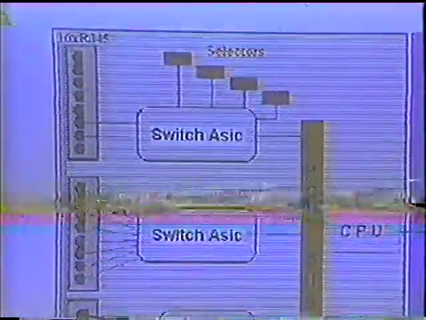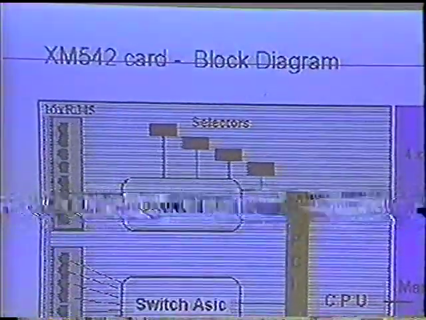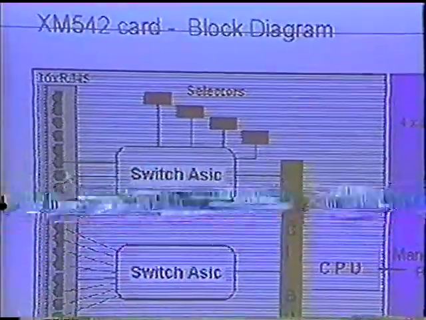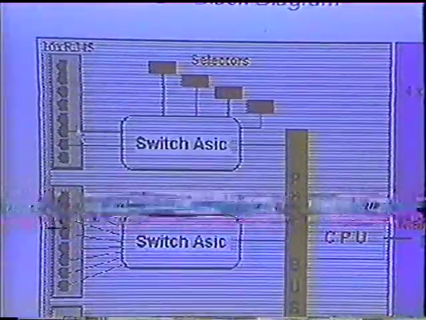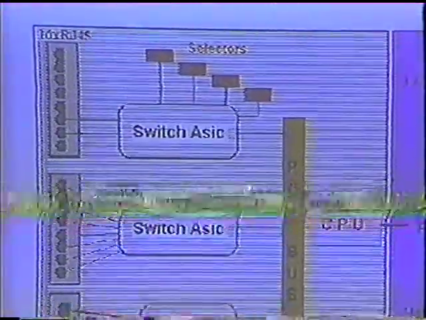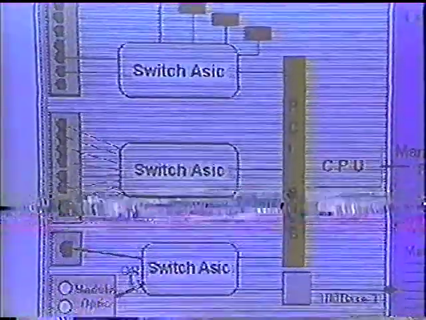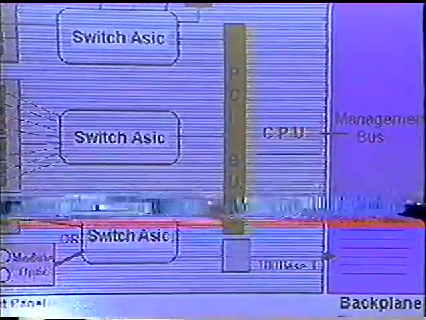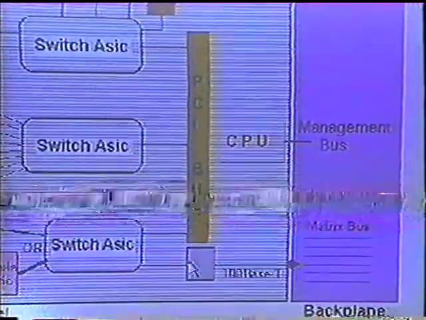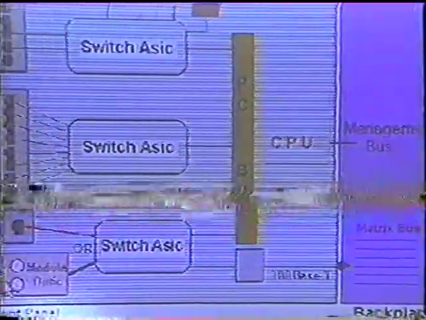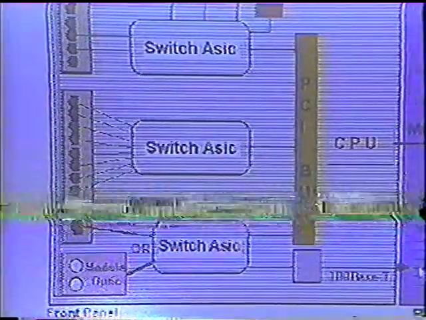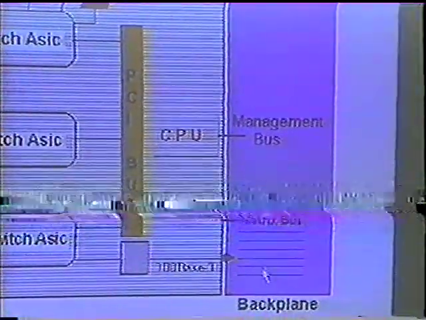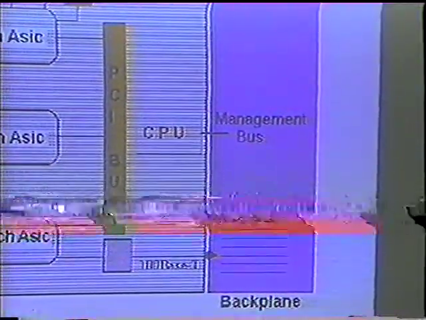Here is a block diagram of the switch. There is an ASIC per group of 8 10 base T ports, and one ASIC for the 10/100 base ports. And you also can see that one of the ports can be either selected to go outside, externally to the network, or to go internally to be connected to the matrix bus and through it to the central switching machine.